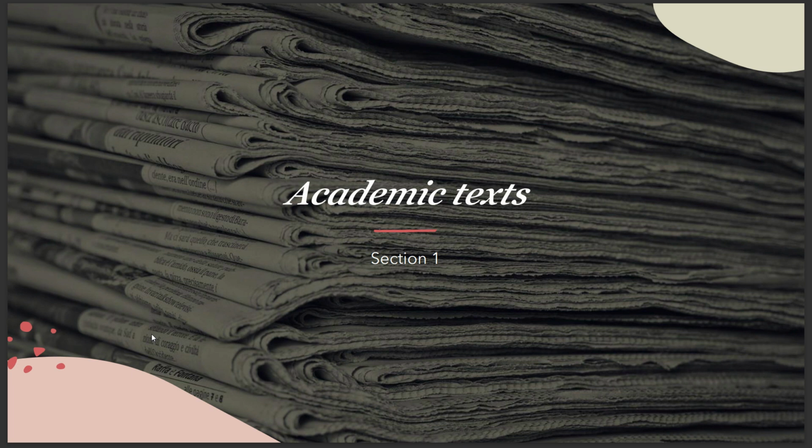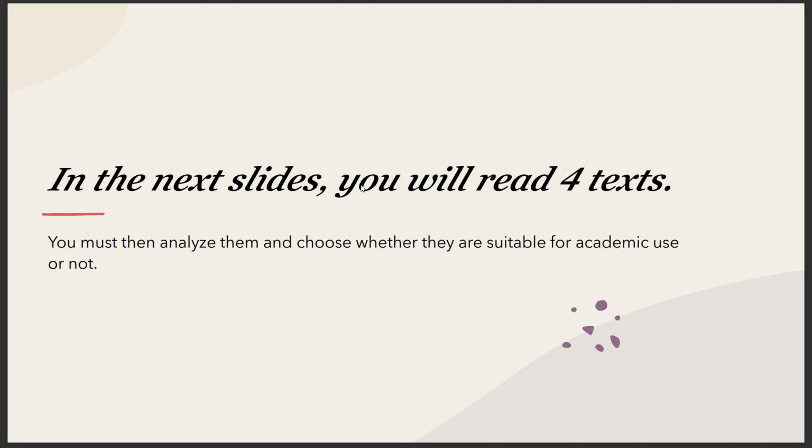Section number one, guys, academic texts. Let's start with the exercise. In the next slides, you will read 4 different texts. All you need to do is analyze those 4 texts, and choose whether they are suitable, don't forget it, suitable or appropriate for academic use or not.